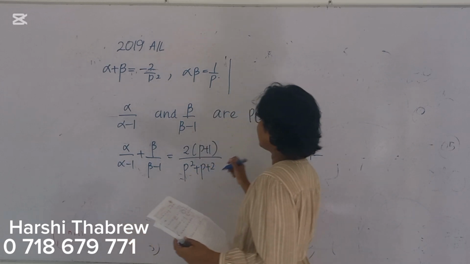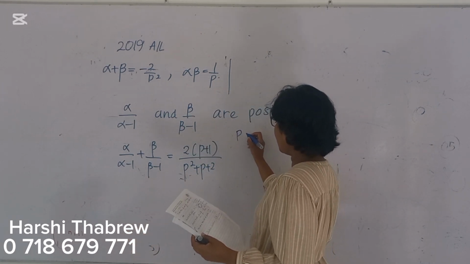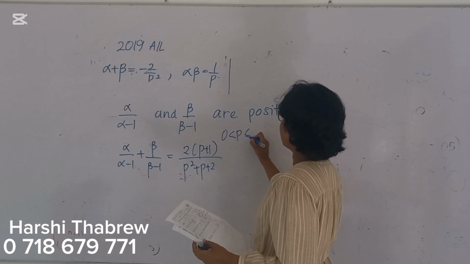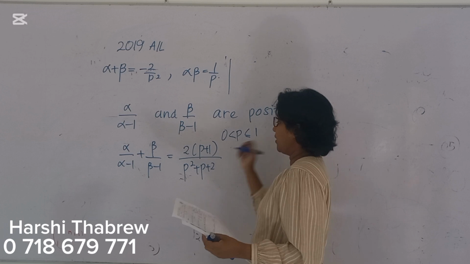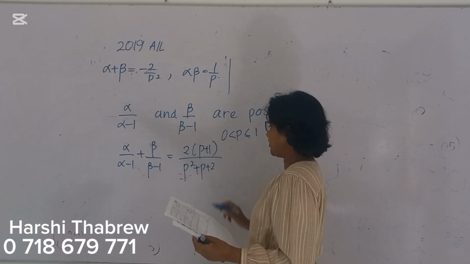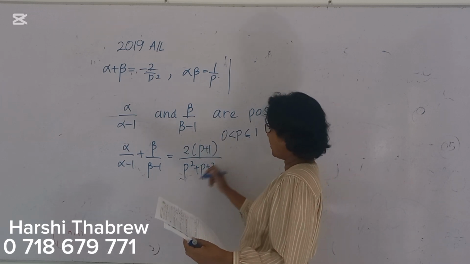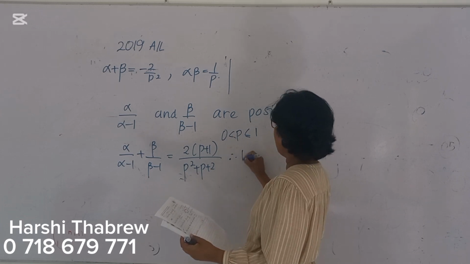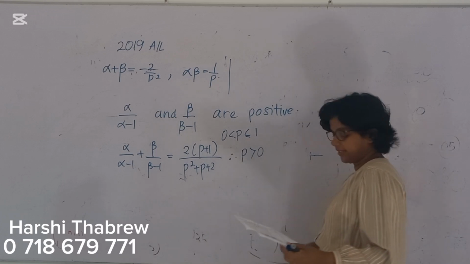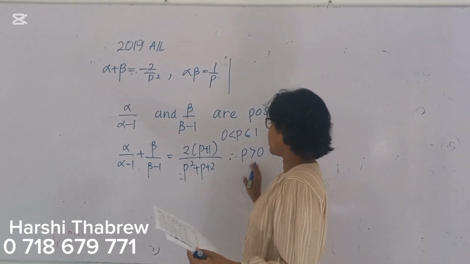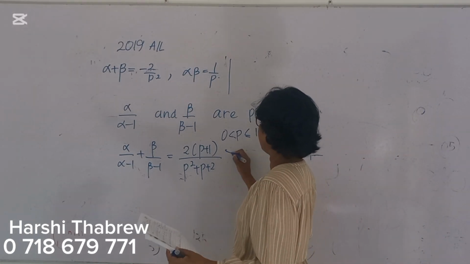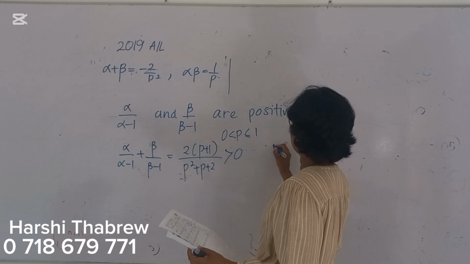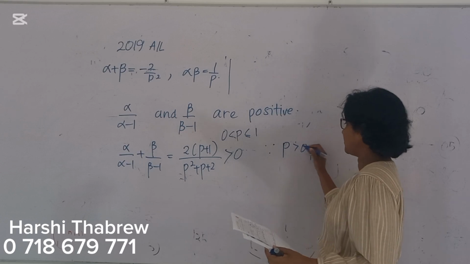You know, because p is greater than 0 and less than or equal to 1, the numerator is positive here, and for the same reason the denominator is positive. Both the numerator and denominator are positive here. So this is positive, because p is greater than 0.